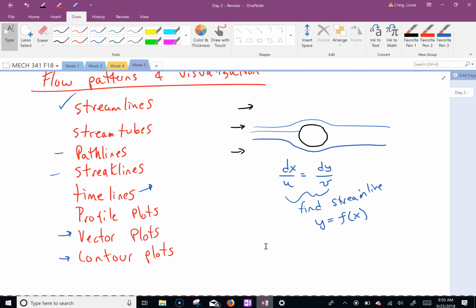What are contour plots typically used for? Remember in the homework? Temperature, which is a scalar. Yep. So anytime you need a scalar, like speed, which is the scalar of velocity, you could use a contour plot. Okay.